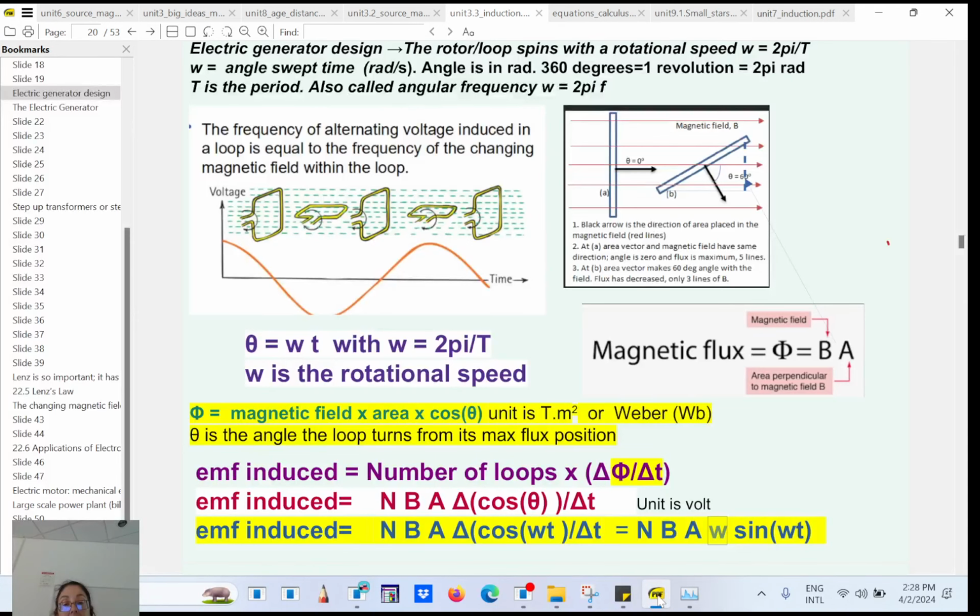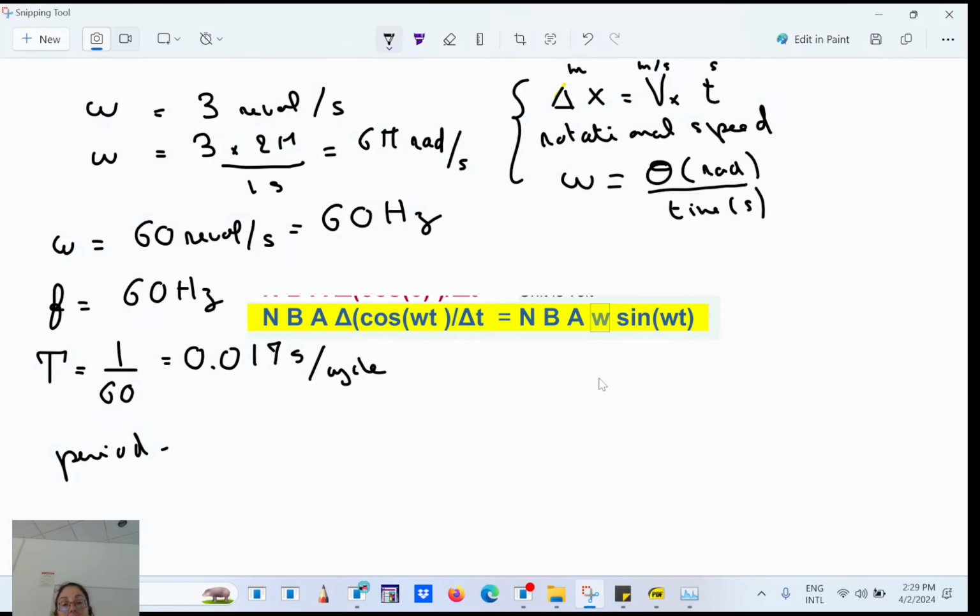So that is to say that in your power plant, the loop is making 60 revolutions per second. It's going to produce an AC voltage and the frequency will be the same. So it means that I will get at the end AC voltage going up and down and up and down.